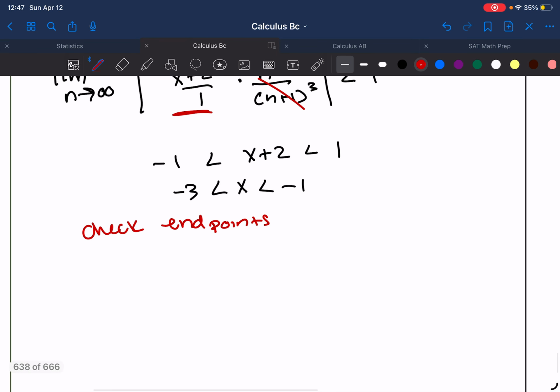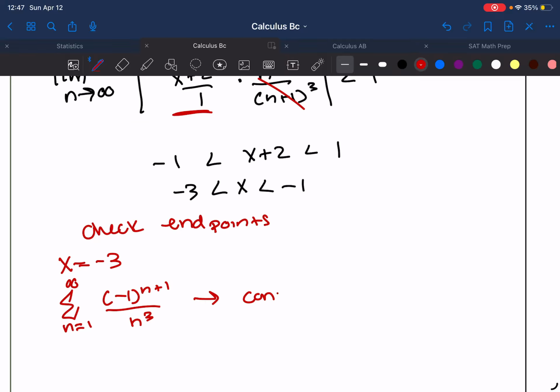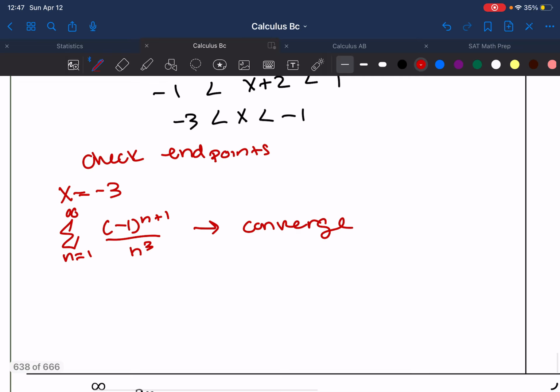First I'm going to say x is equal to negative 3. So I have the summation of n equals 1 to infinity of negative 1 to the n plus 1 over n cubed. This is going to converge, which means x equals negative 3 is included. Then I'm going to do x equals negative 1.